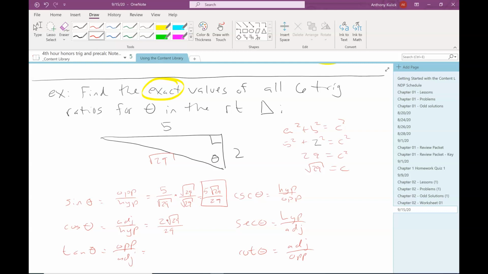Tangent. What's that one going to be? 5 over 2. Okay. Now, cosecant. What's that going to be? Square root of 29 over 5. And secant? Square root of 29 over 2.